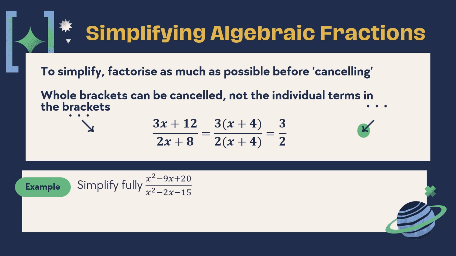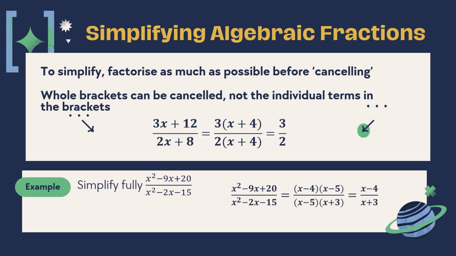Another example: the question asks to simplify fully x squared minus 9x plus 20 over x squared minus 2x minus 15. First, factorize the numerator and the denominator.